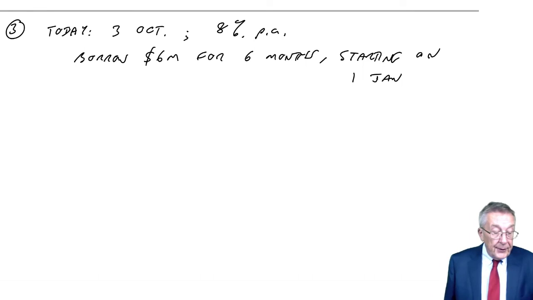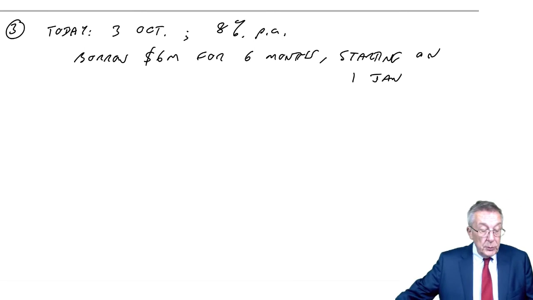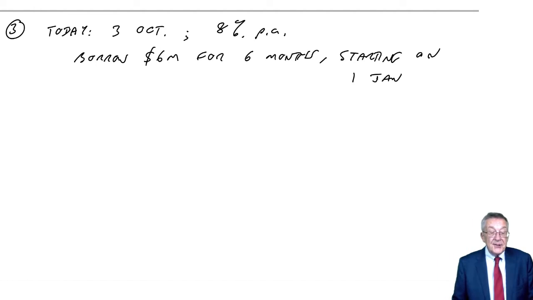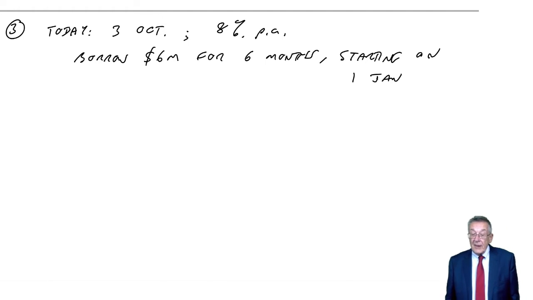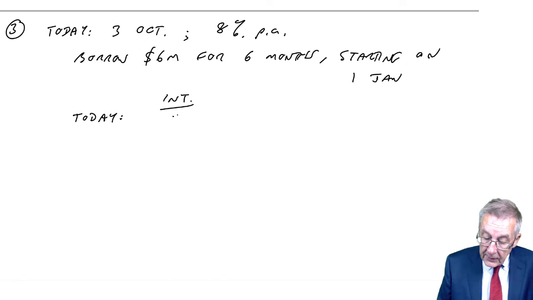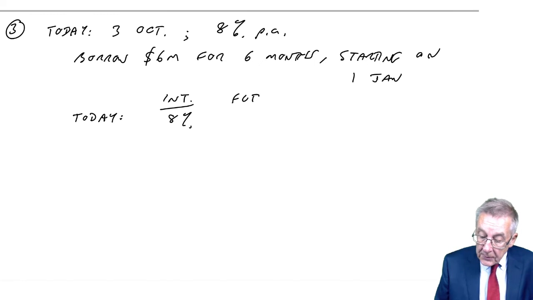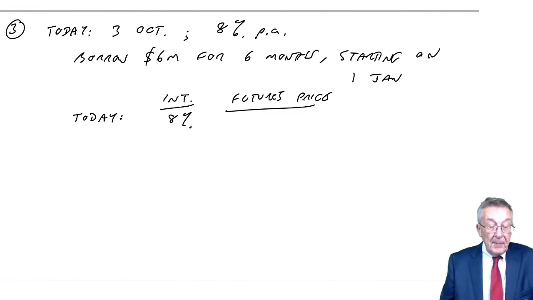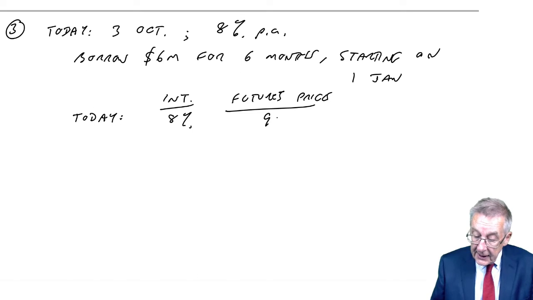There are 3-month January interest rate futures available, and today's price is 92. And so, today, the interest rate is 8%. The futures price, well, 100 minus 8, but they've told us it's 92.